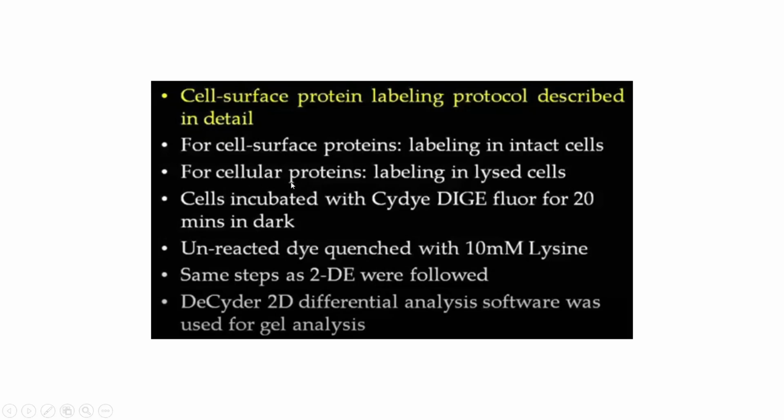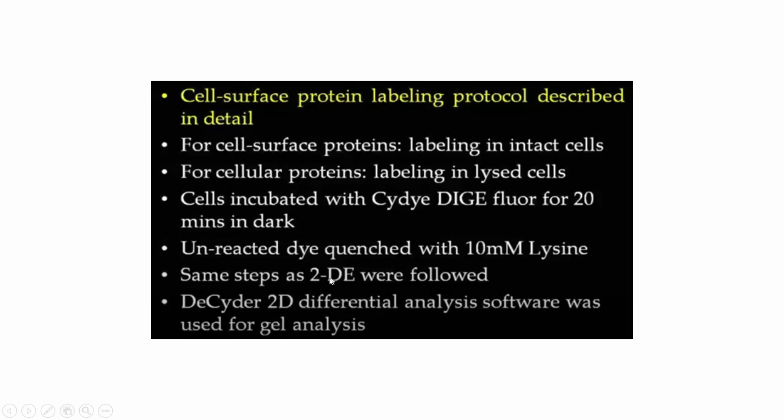But if you are trying to check the cellular proteins which are inside the cell, then you need to lyse the cell and then check whether those proteins are present. Cells are incubated with those specific dyes for 20 minutes in dark, and the unreacted dye is quenched with 10 millimolar lysine. That's what we were talking about. An extra lysine is added so that whatever dye is left, which was not able to contact with the protein, that is the unreacted dye, gets quenched with lysine, and it is easier to remove them.